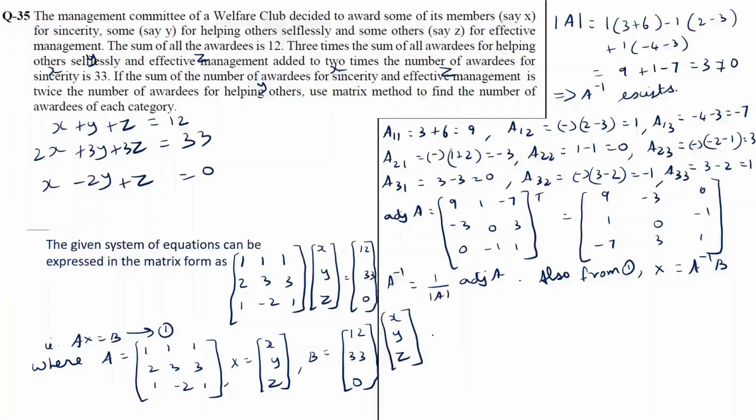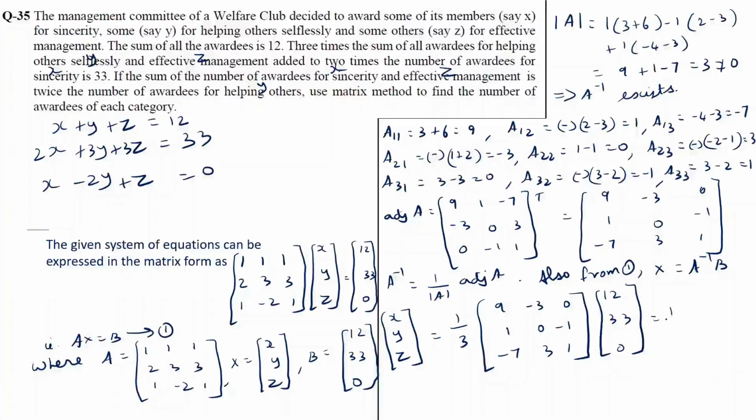X is the variable matrix x, y, z. This is equal to A inverse, which is 1 by the determinant of A. The determinant of A is 3. So 1 by 3 into the adjoint of A, which is this matrix 9, minus 3, 0, 1, 0, minus 1, minus 7, 3, 1, into B. B is this matrix 12, 33, 0. So this is 1 by 3 into 9 into 12 minus 3 into 33, so it is 108 minus 99.